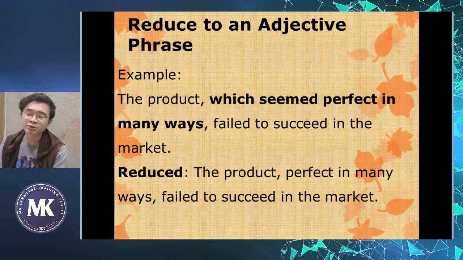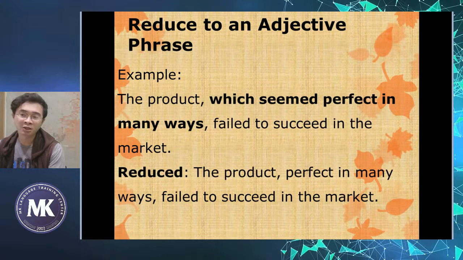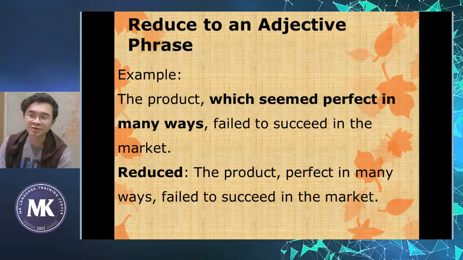So in our previous rule, we need to also remove the sense verb to make it into a reduced form of the clause. So remove "which," remove "seemed," and then what is left is "perfect in many ways." Try to place that after the noun that it modifies, and the noun is product. So the reduced form here is: the product, comma, perfect in many ways, comma, failed to succeed in the market.